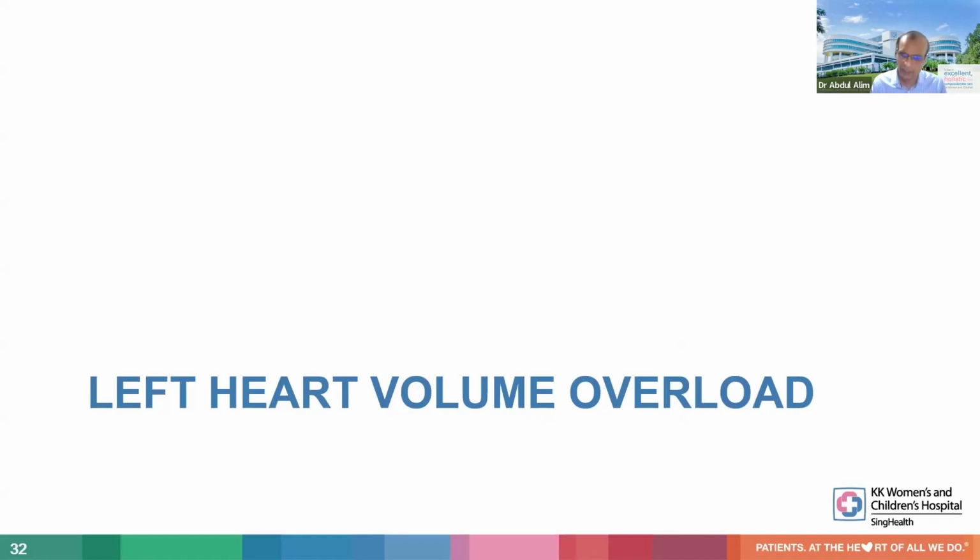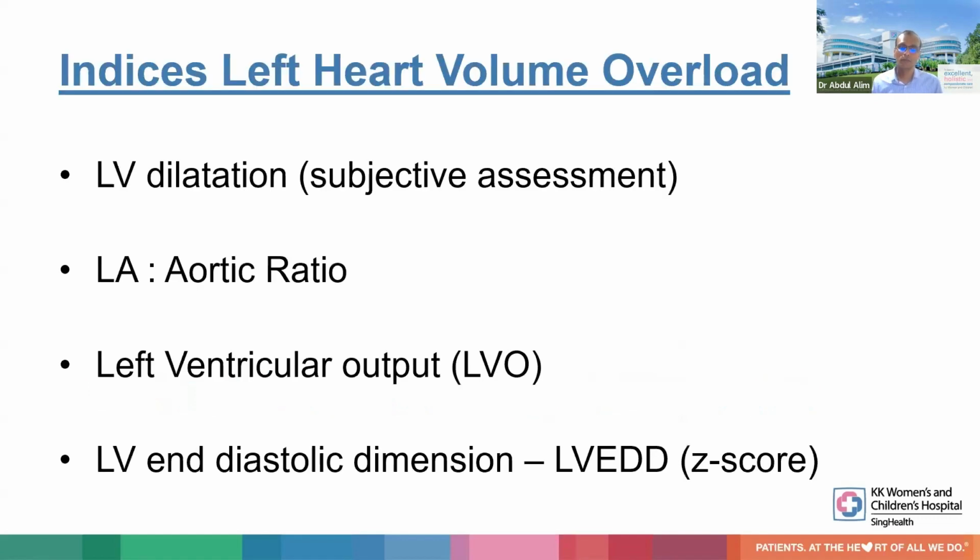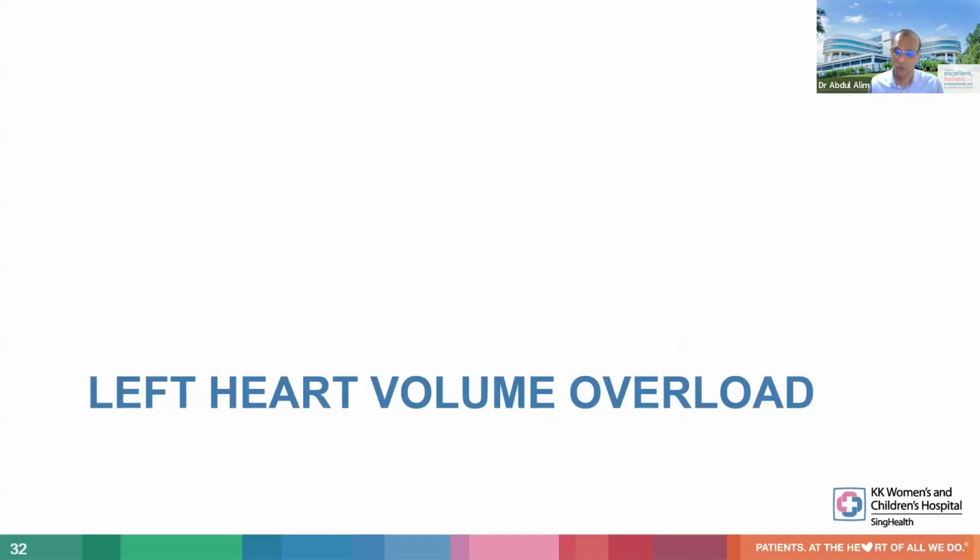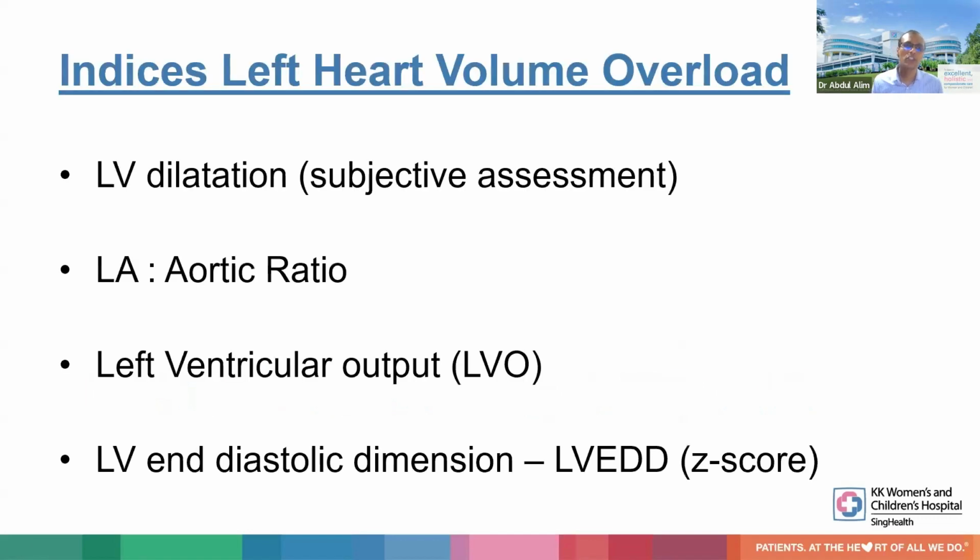Some of the other common indices we use are indices of left heart volume overload. The commonest index used for left heart volume overload is the left atrium to aortic ratio. It's very easy to measure, and it's used quite widely. When you have a large PDA shunt, one of the common echocardiographic features is left heart volume overload.